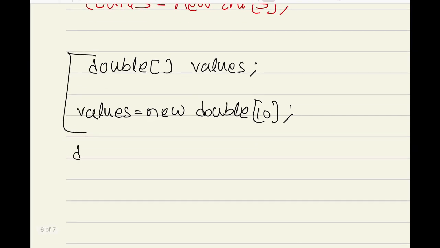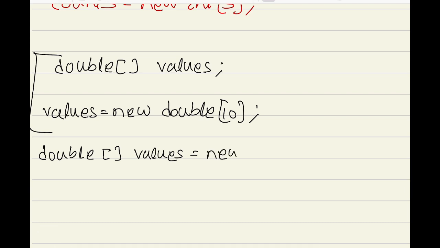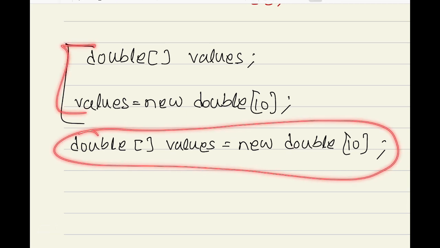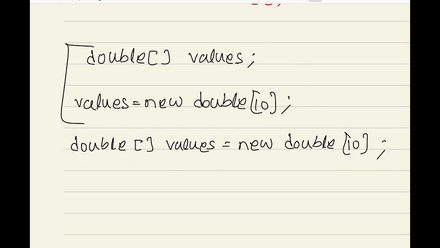We can write double values equal to new double 10. So we can combine these two statements and write it in a single one. So this statement is equivalent to the combination of these two.